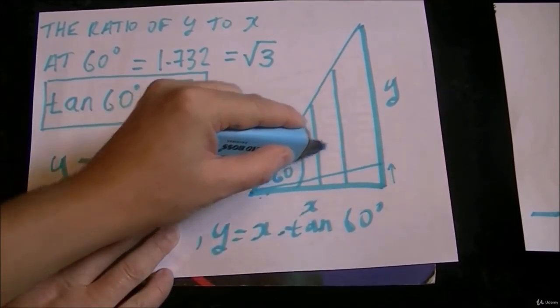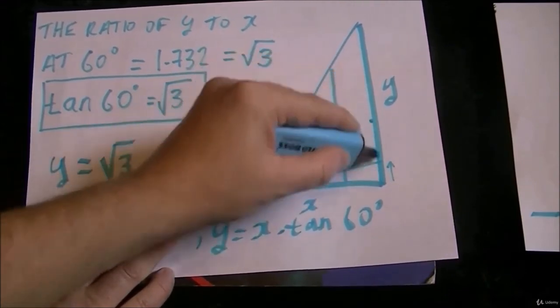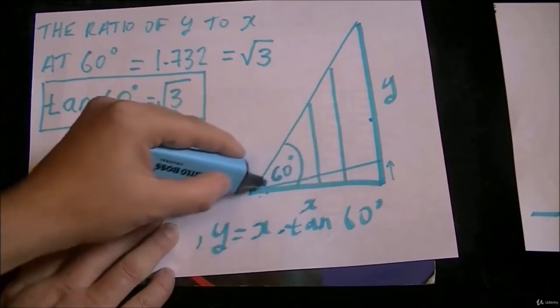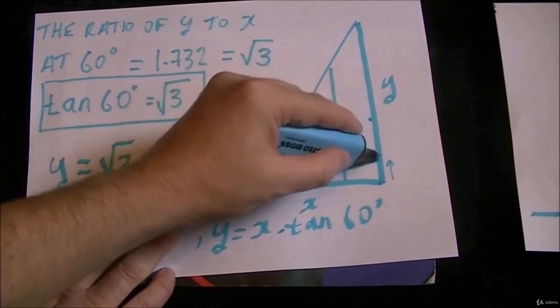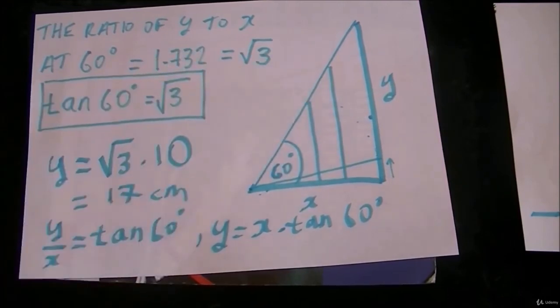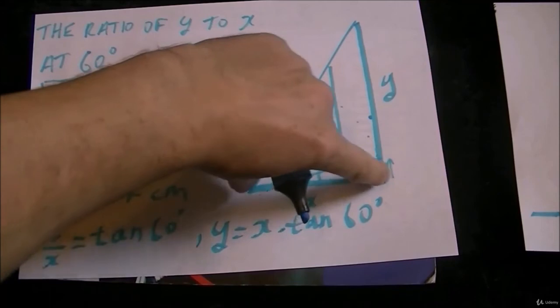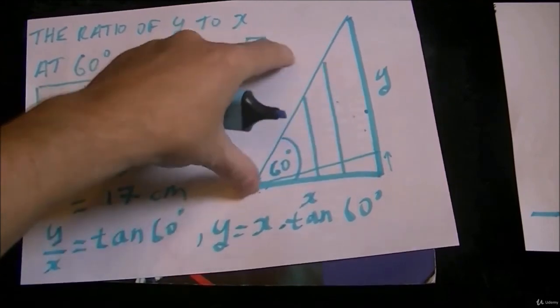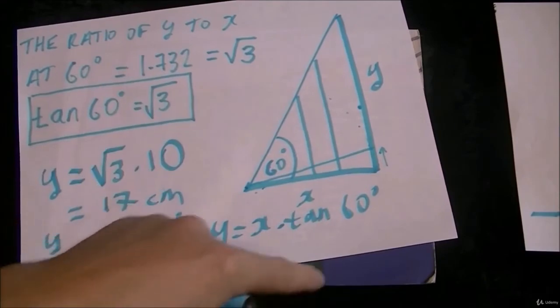But as the angle gets bigger, this length here would get a little bit bigger, and that length there would remain the same. So we can work out the value of tan for every single angle all the way around a full circle, 360 degrees.